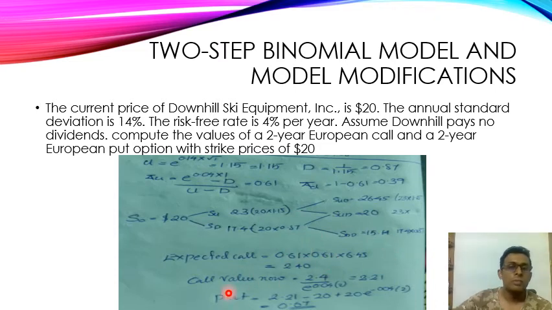Then from the expected call value, we'll be finding out the present value of the call value. From the call value, we'll be finding out the put. This is the flow that we'll have to go through while computing the put and call option values as per the two-step binomial model. Thank you.